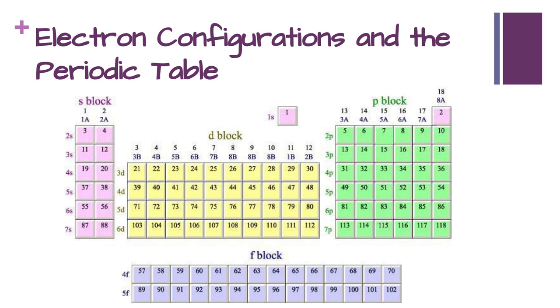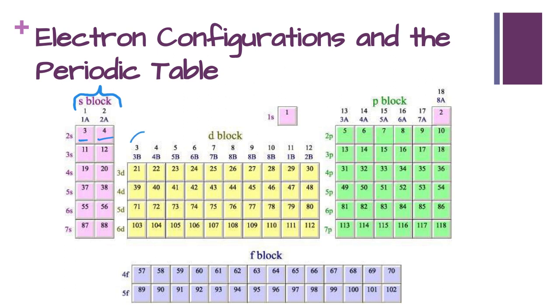Now, what's really neat about the periodic table is you can get these electron configurations just by taking a look at it. Atoms that have electrons that end in either group 1 or group 2 are called the s block, and these all end in s electrons.